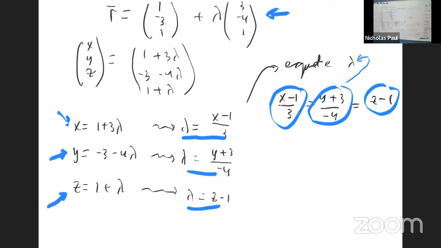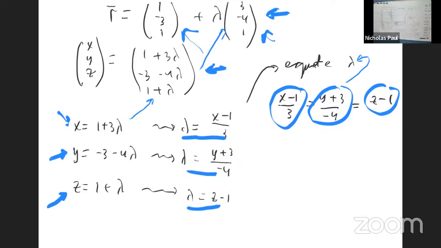Then put it like this, and then separate it up into this form. So you're taking the Cartesian, making each one equal to lambda, then making x, y, and z the subject, then putting it in this form and splitting it up into the one on top.